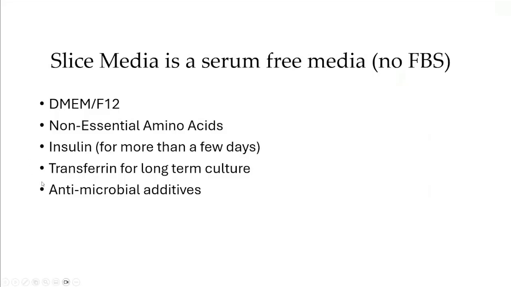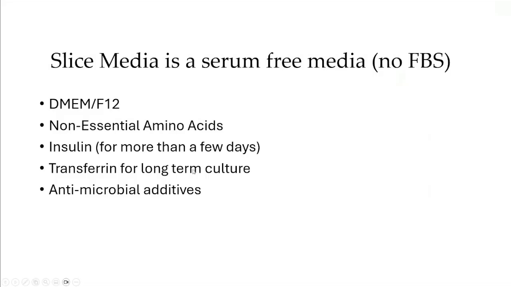I like to put some insulin in to make sure that the cells can uptake sugar. For longer term culture, I put about 2.5 microgram per mil transferrin. This is for iron because cells tend to need iron. Some people might add a steroid, such as hydrocortisone or dexamethasone, but that might confound any experiments that have any steroid related or lipid related treatments.